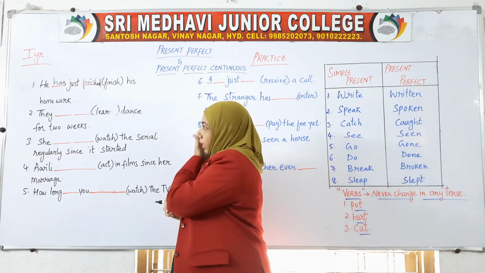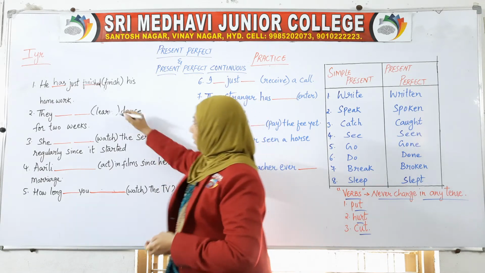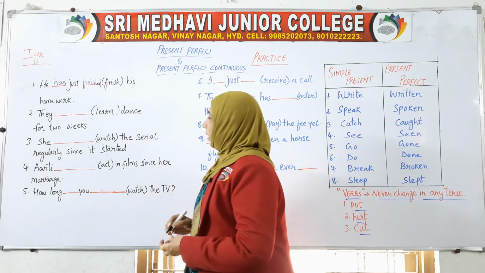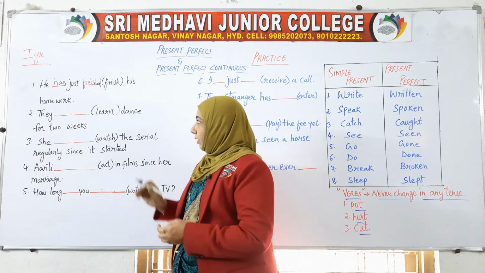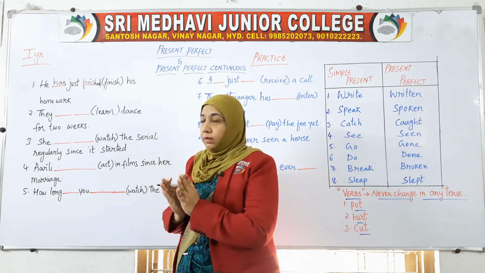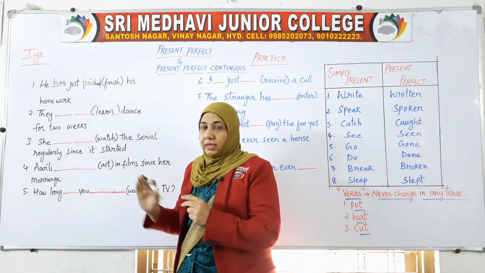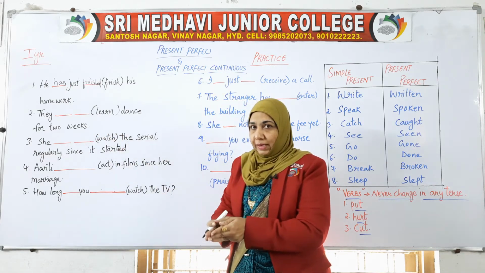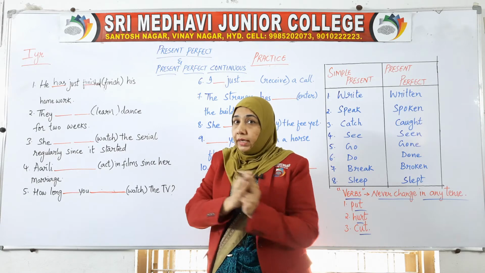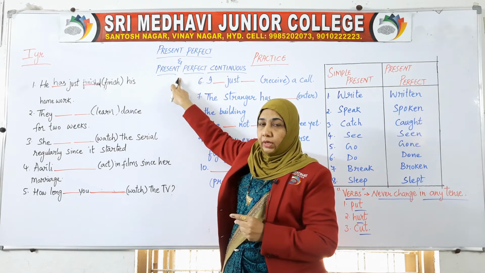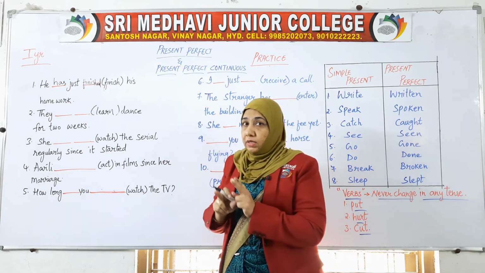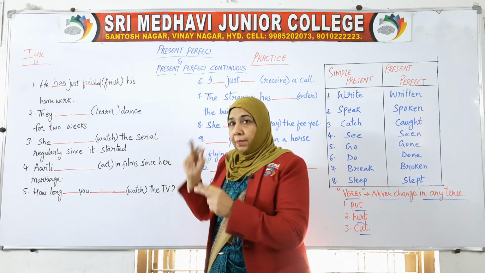Now next is they dash dash learn dance for 2 weeks. They means plural. For 2 weeks, that means for 2 weeks they have completed. It is not continuing now. Completed, not continuing. If it is continuing, we have to go for the perfect continuous.